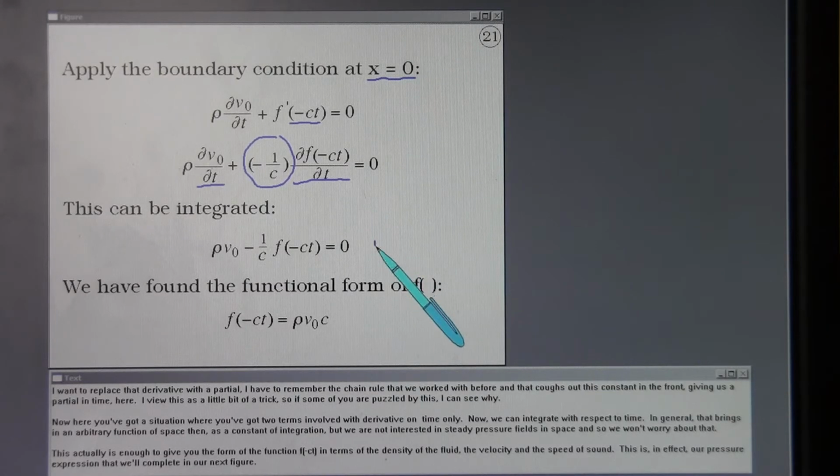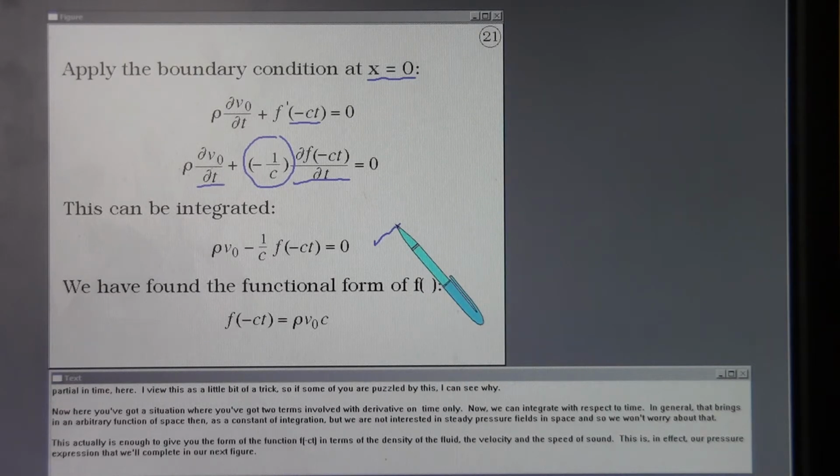This actually is enough to give you the form of the function f of minus ct in terms of the density of the fluid, the velocity, and the speed of sound. And this is, in effect, our pressure expression that we'll complete in the next figure.